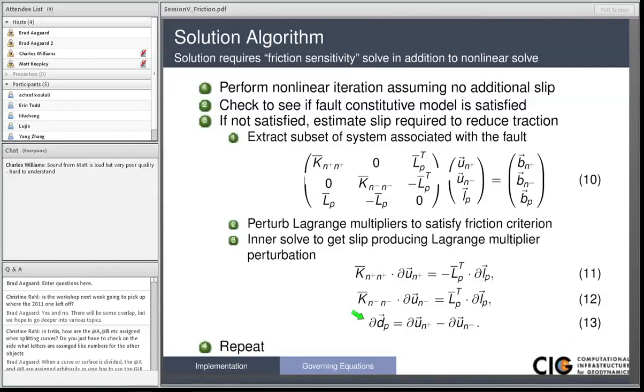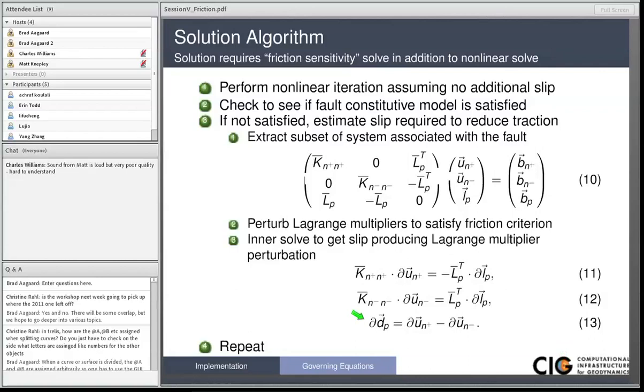It's in those cases that it takes much longer to update, because this approximation of what the slip is required to satisfy the fault constitutive problem is not as good as what it would be if we had just a small portion of the fault slipping.